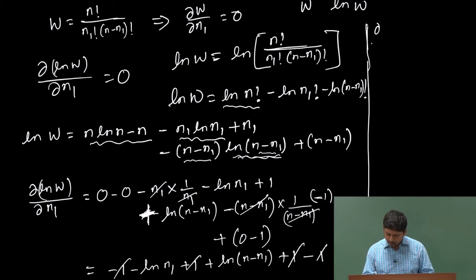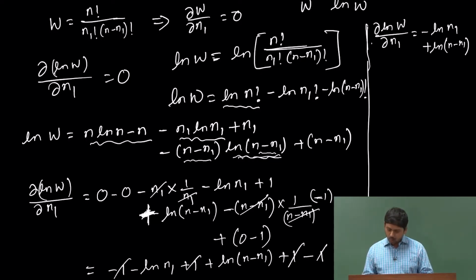So, del ln W by del n1 is equal to minus ln n1 plus ln (n minus n1), which we know in that case is nothing but (n minus n1) by n1, and that is 0.